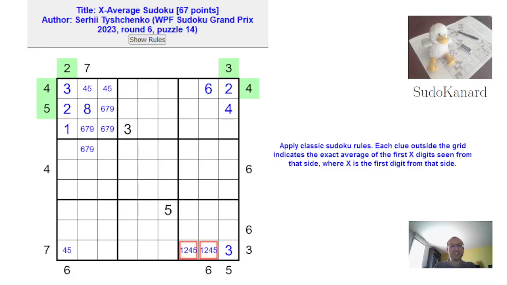So let's put all pencil marks in here, and here I can see that 1 here will never work. 1 is not the average value, but 6 is not the average value of 1 digit, and this is not 5, and 2 won't work either. Those 2 digits cannot sum to 12. So this is not 2, and this is not 4. And we get a 4-5 pair here, which seems nice, I guess.